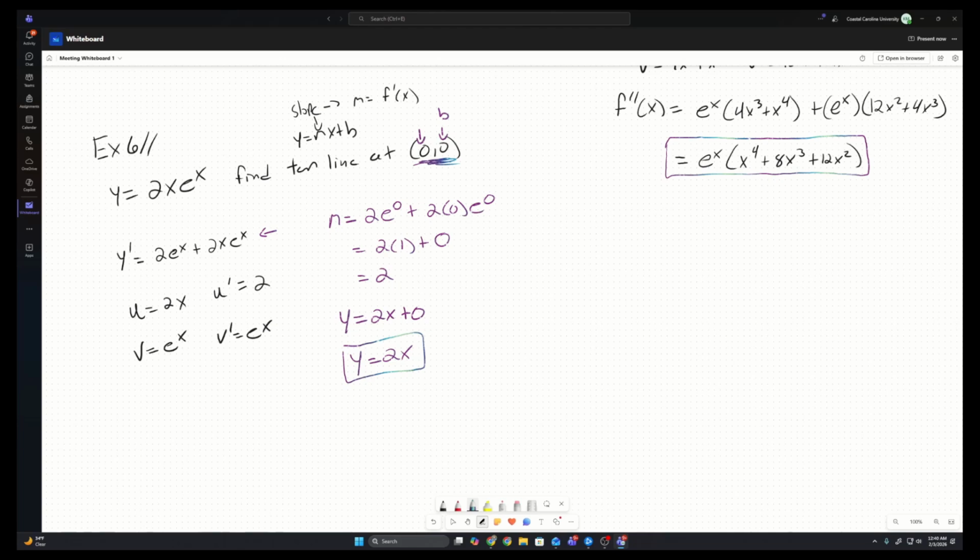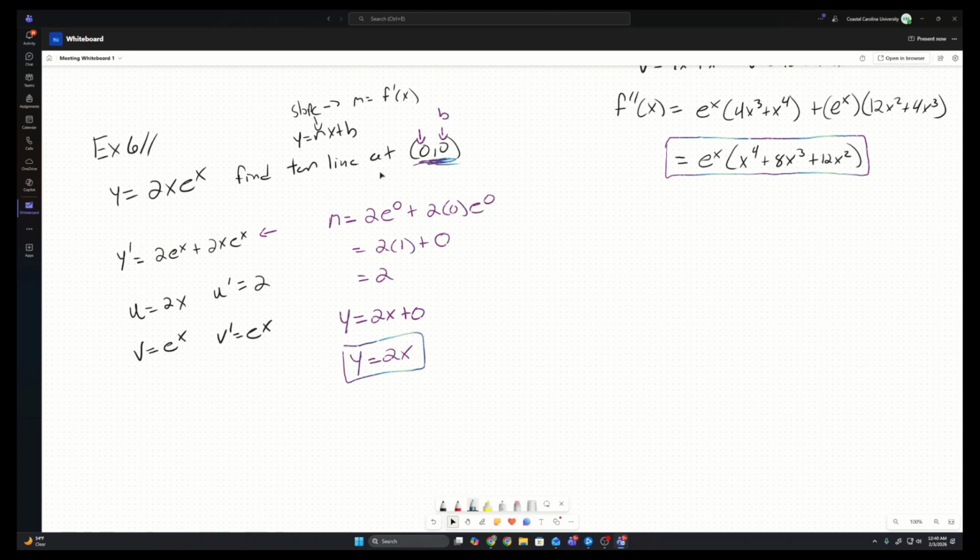Since f prime is the slope of the tangent line, if I find that derivative here, then that allows me to plug into it to find slopes anywhere. And that's something I did talk about in class, a few days ago, last week, probably.